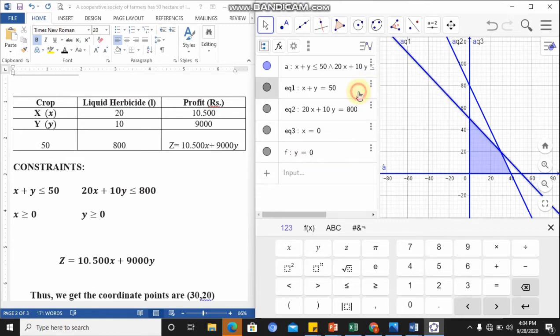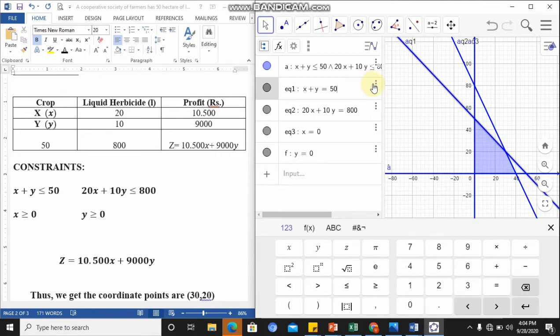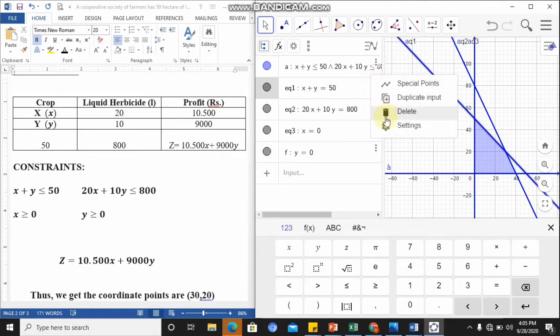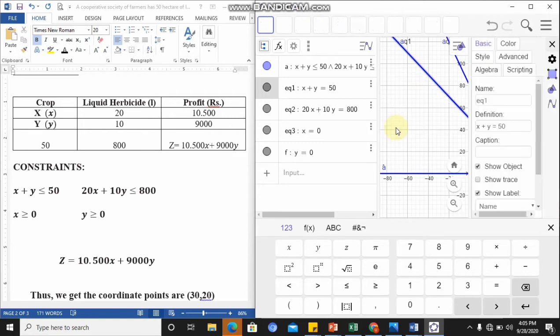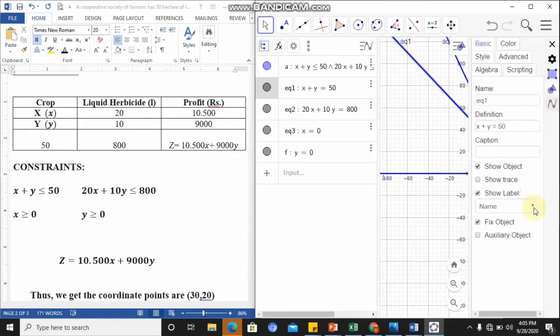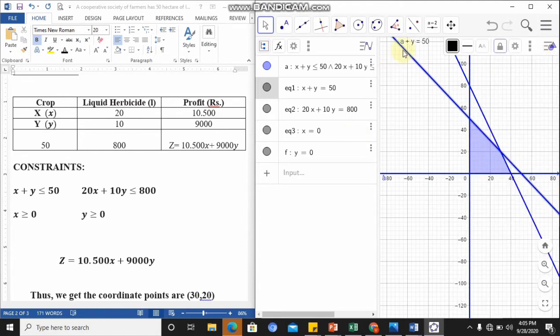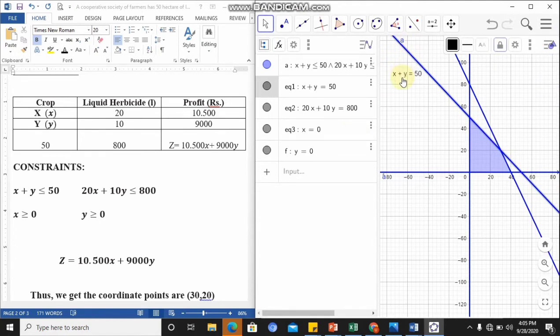So we must show the value from settings, show label, value, and this is the equation of this line or this graph.